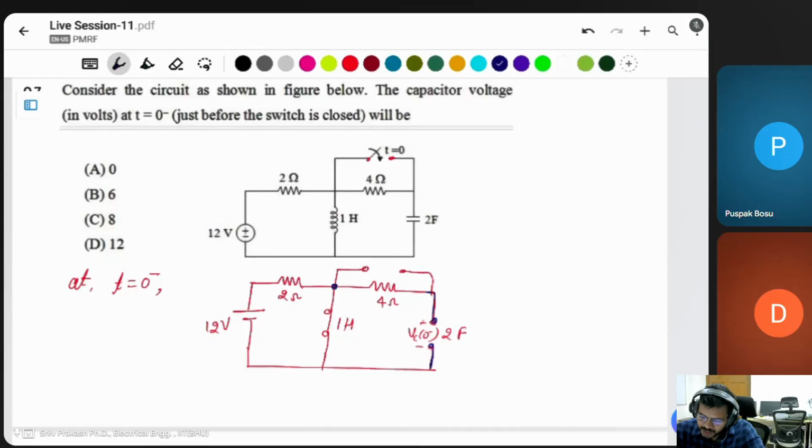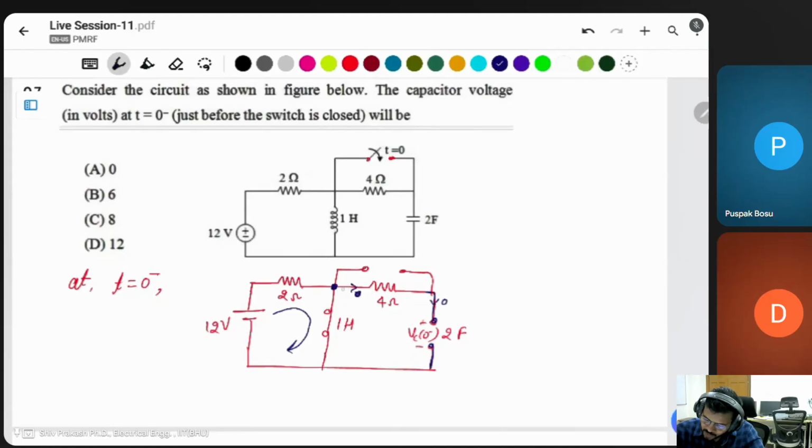This is the open circuit, which means there is no current. Current is zero in this branch, so the whole current passes through the other path.